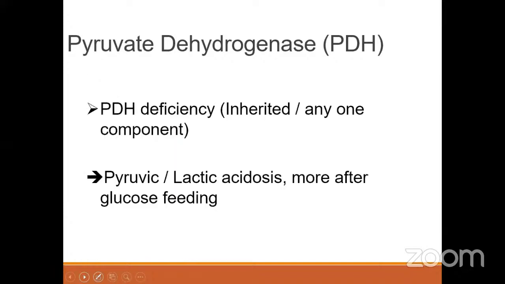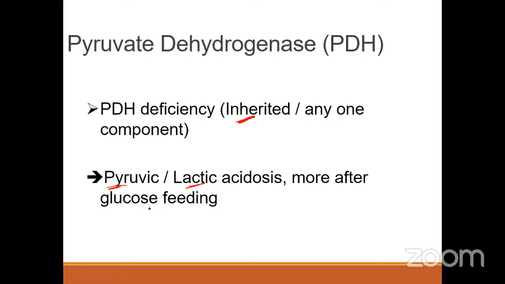Yes, ma'am. So this deficiency can be inherited. Mostly it is an inherited defect of the enzyme. It can be a total deficiency of the entire enzyme complex, or a defect in any one component. It can lead to pyruvic acidosis and lactic acidosis. This will be more prominent when the person has glucose feeding or a carbohydrate diet.